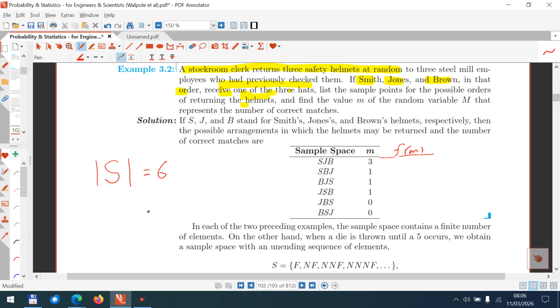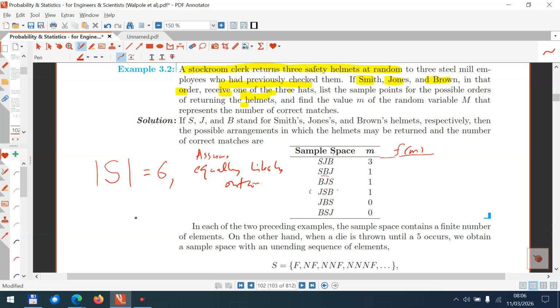And there is no information in the question which tells us why the probability of any one of them should be more than any other, because for that you need some information. So all you can do is assume equally likely outcomes. It means that we can assign equal probability to each one of them.